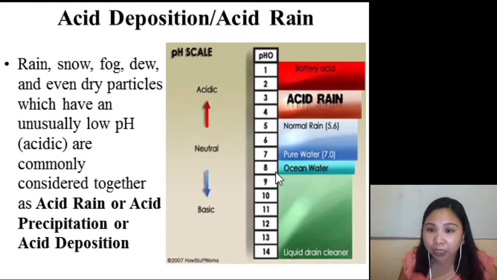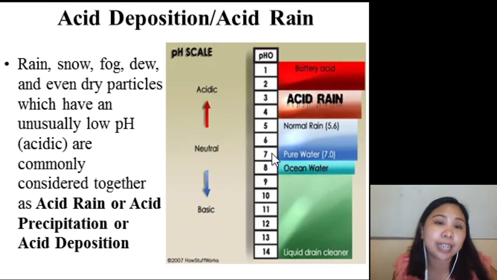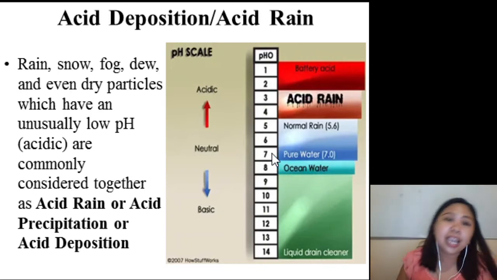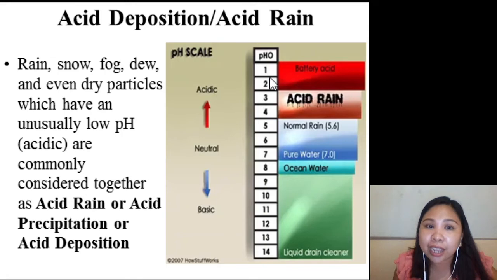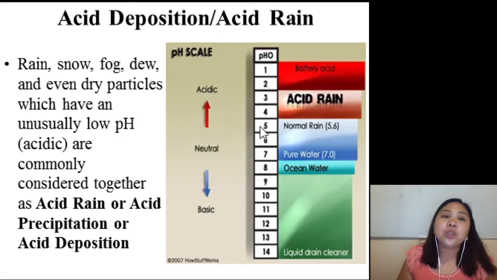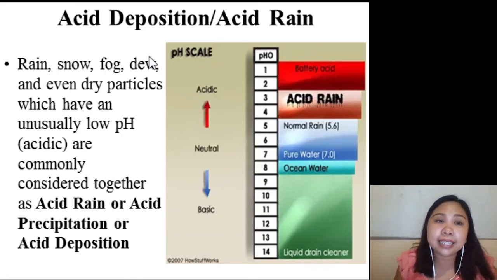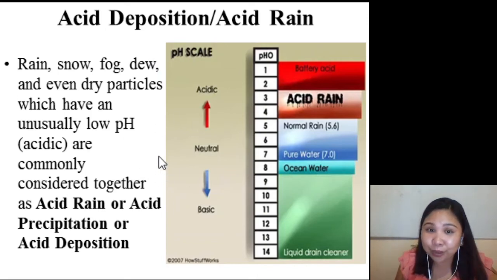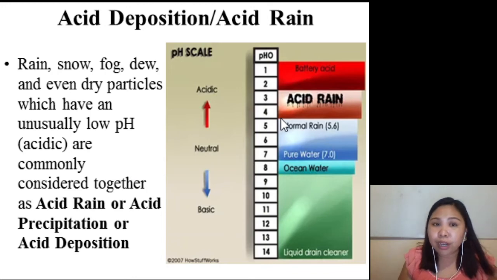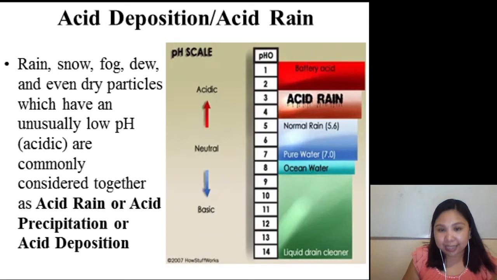Then, yung pure water, yung iniinom natin, ang pH niyan class is 7. Yung normal rain, the pH of normal rain is 5.6. Kapag ang rain ay umabot na ng 4, 3, 2, 1 ang pH, considered na siya as acid deposition or acid rain. Nakukuha nyo po ito? Kapag nagkaroon na siya ng pH level na 4, considered na siya as acid rain.